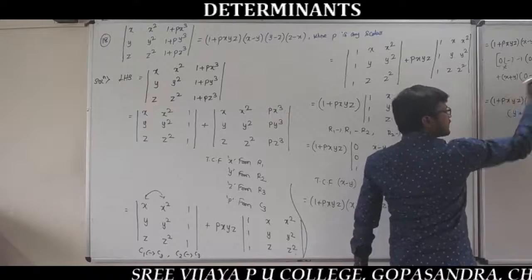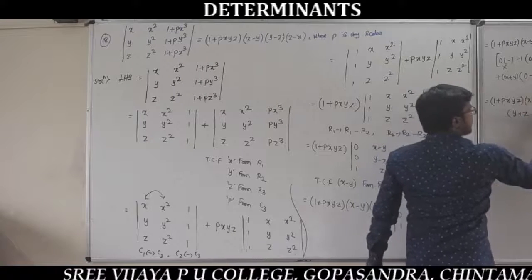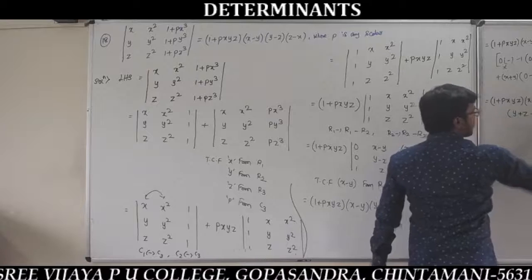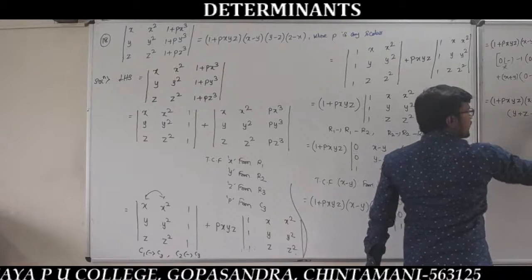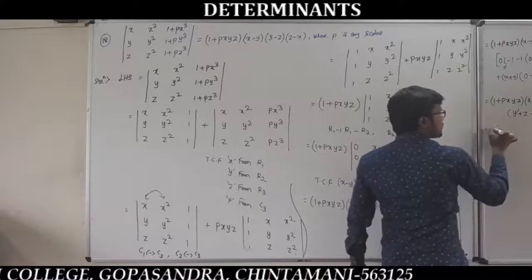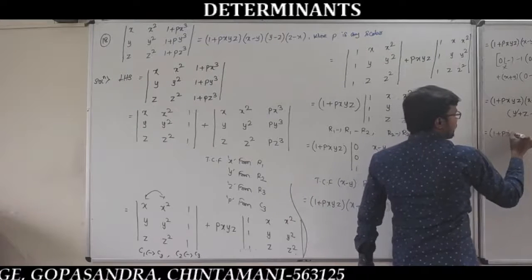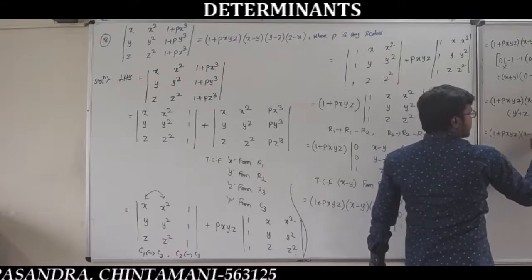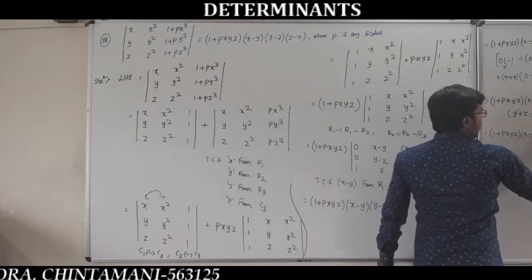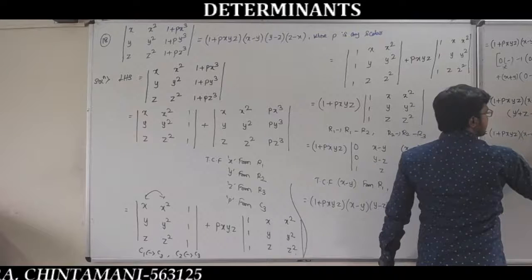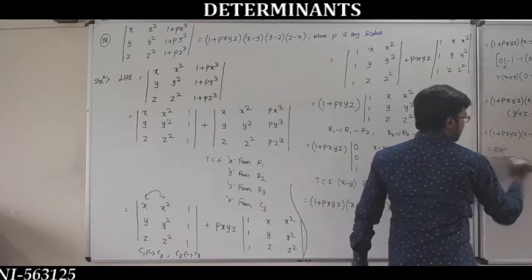X plus minus 0 is 0. Minus 1 into x, minus 1 into y is minus y. So plus y and minus y get cancelled. What is remaining? 1 plus p times of x, y, z into x minus y into y minus z into z minus x. So that should be the RHS.